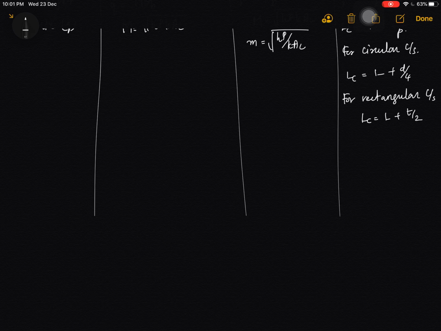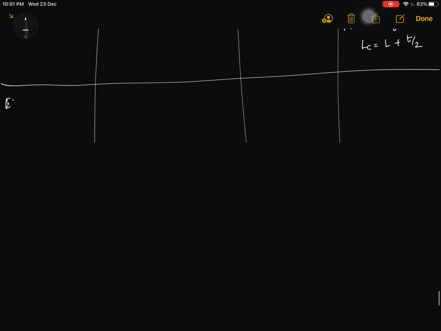So that's all about the heat transfer rate, and now let's discuss the effectiveness, that is epsilon, and this epsilon is nothing but the heat transfer rate with the fin to the heat transfer rate without fin.